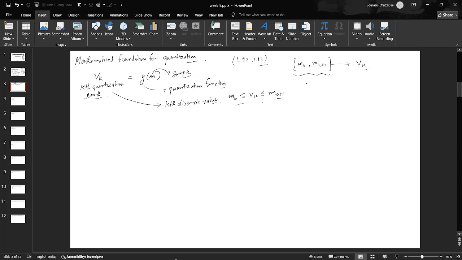So what kind of mapping is that? This is an interval with infinitely many values, and Vk is a scalar, so you can clearly say it is a many to one mapping.